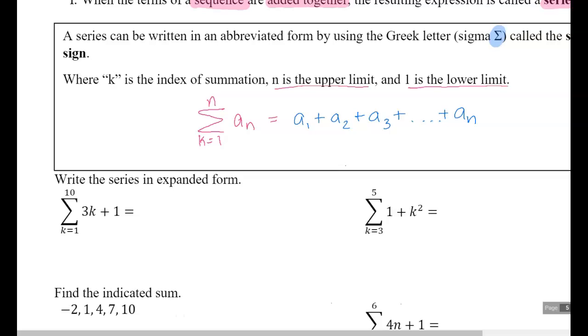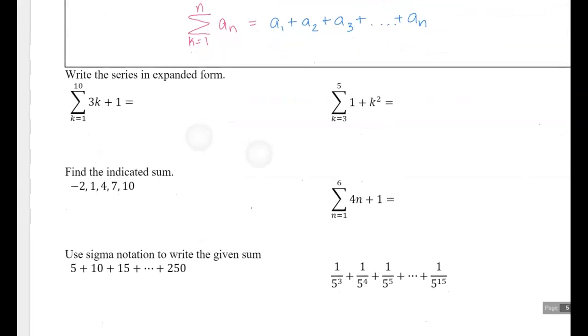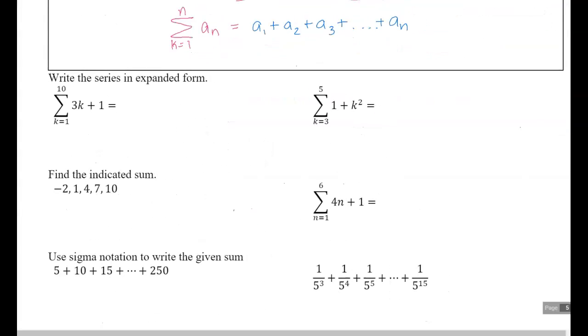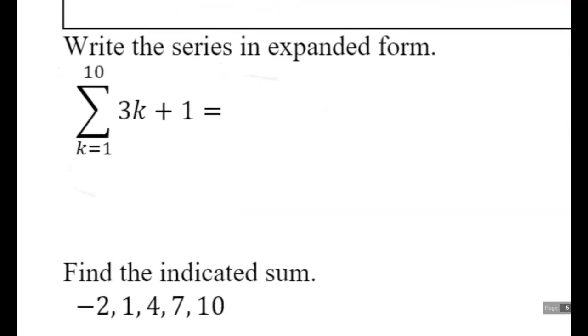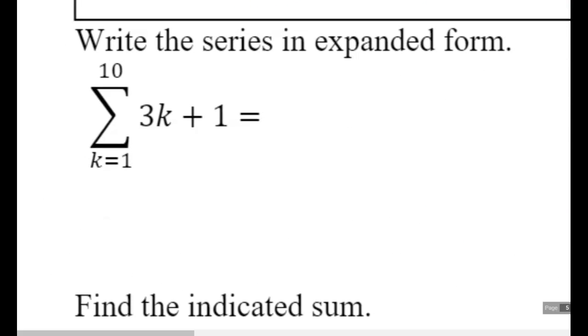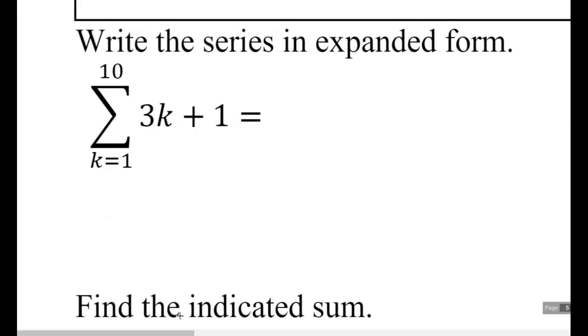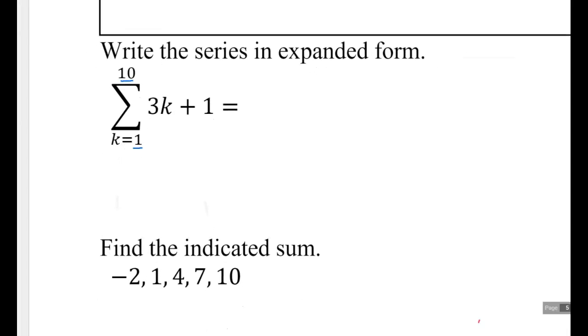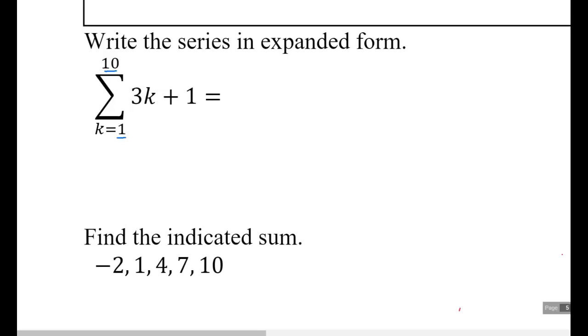So let's try it. Here we have a sigma from terms number 1 to 10 with the definition for the sequence being 3k plus 1. And we're trying to add up all of those terms 1 through 10. But we don't yet know what the values of those terms are.